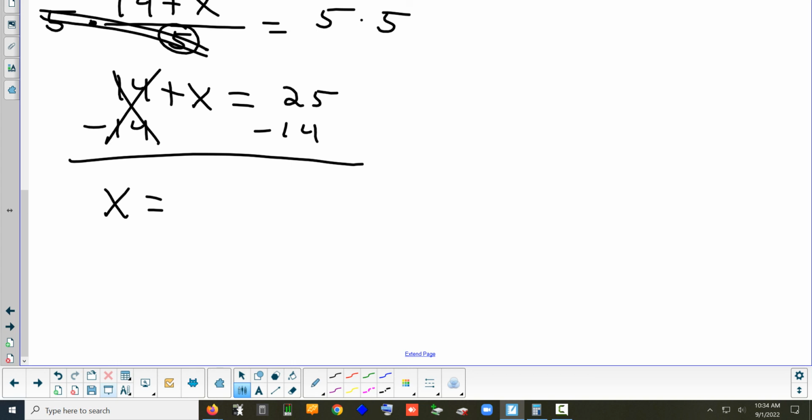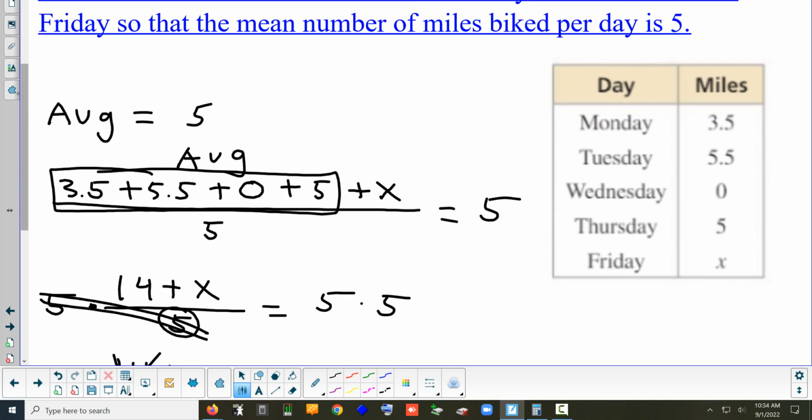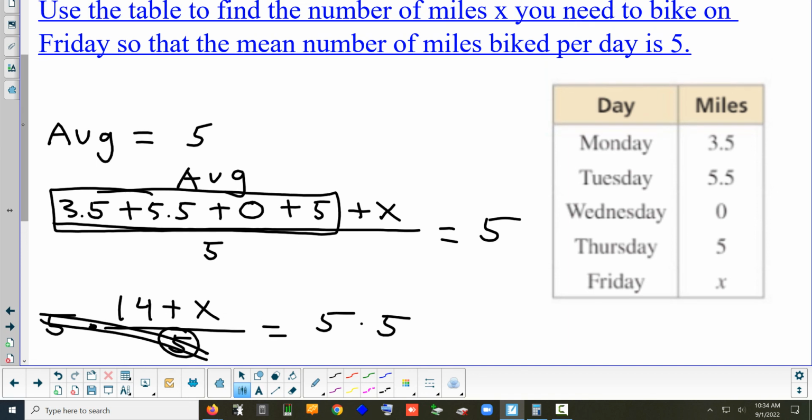Yeah, 11. And what is that? 11 what? What did we solve for? The mean. Well, the mean is 5. They told us that. We solved for miles biked on what day? Friday.